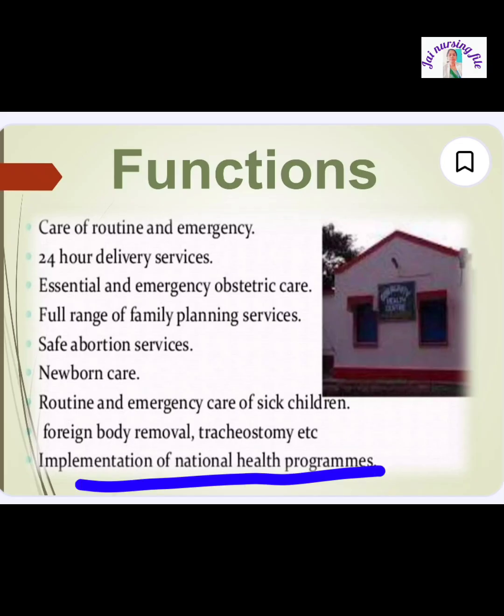So this is the main function of community health center. So emergency they will give, 24 hours care they will give, and then emergency obstetric care and family planning services, safe abortion, newborn care, and then sick children they will take care, tracheostomy, removal of foreign bodies, and then implementation of national health program.